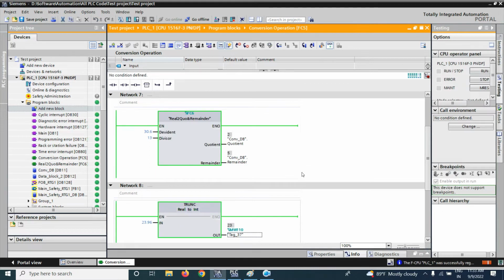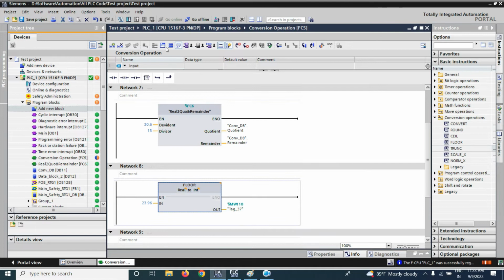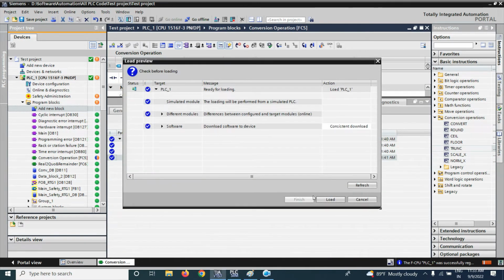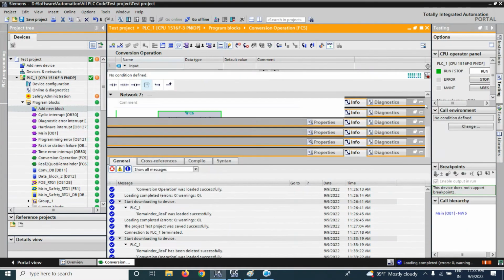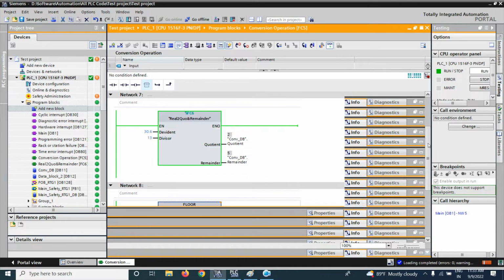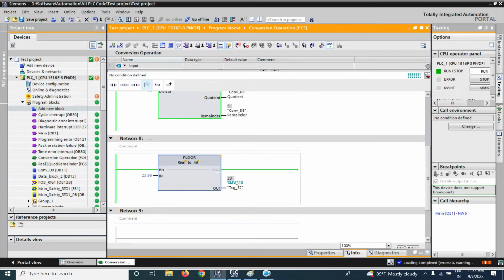See, it is just 23. You can get the 23 by just using the floor function. See, it will give 23.